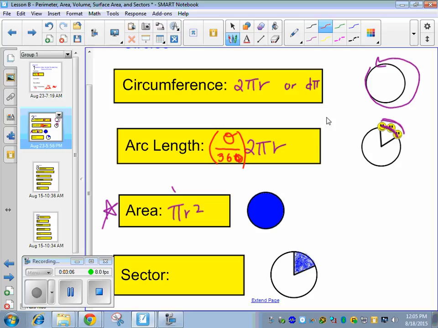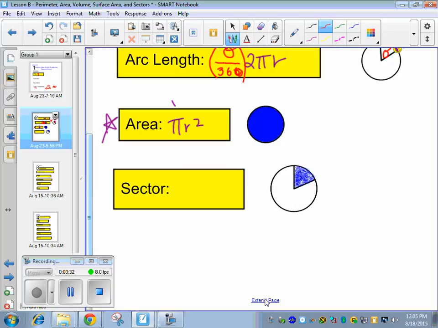Theta, if you don't know what theta is, it's an O with a tail on it. It's a Greek symbol that we use in math, and it usually stands for an angle measurement. So theta is actually this angle measurement inside the piece of pizza. They give it to you, so you just plug it in, and it'll give you what this distance is here. So that's arc length.